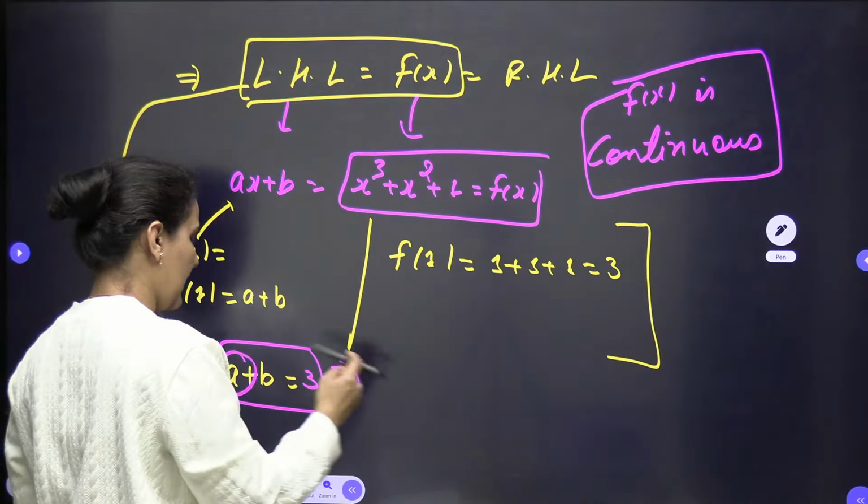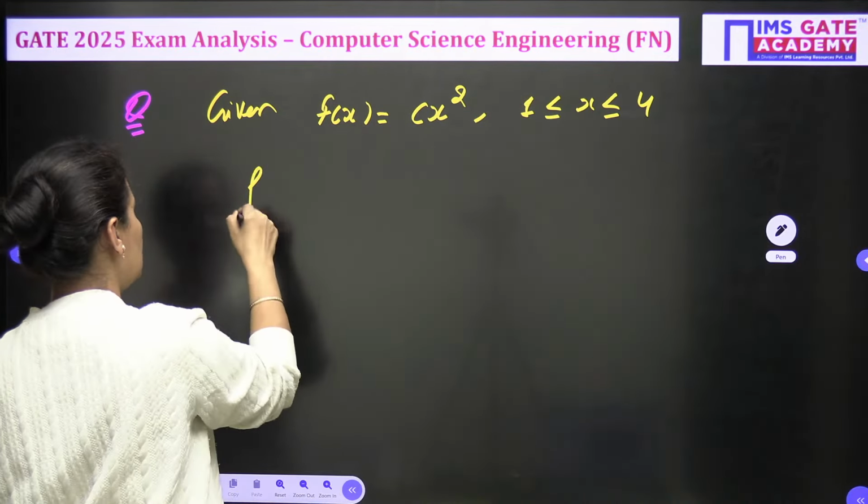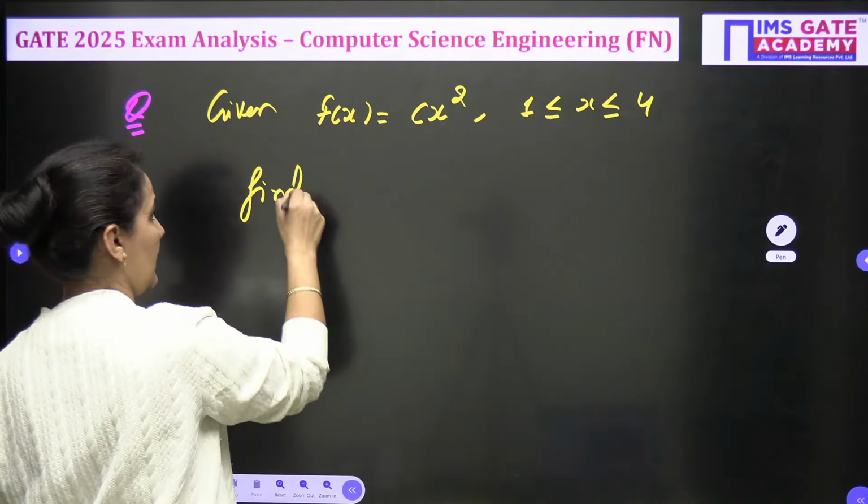Given the function f(x) equals cx square when x is between 1 to 4, and otherwise the value of the function is 0. Then it's asking to find the value of the probability when x is between 2 to 4.